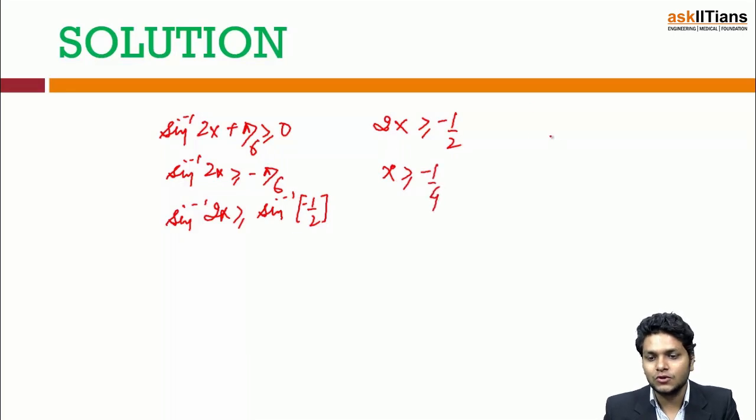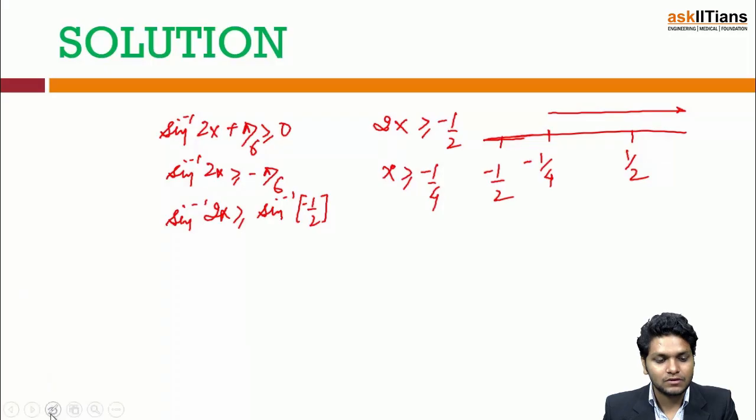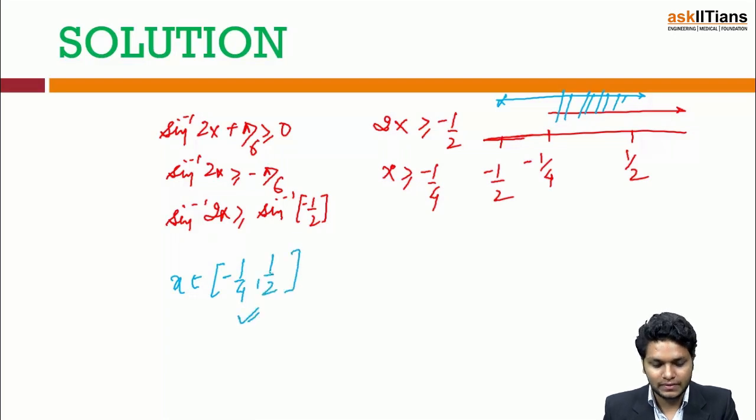Now I have a set of values where you have to take values greater than minus 1 by 4, and sine inverse 2x is defined only for the earlier range. So the common part of these two ranges is from minus 1 by 4 to 1 by 2.